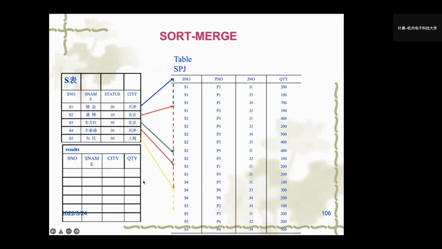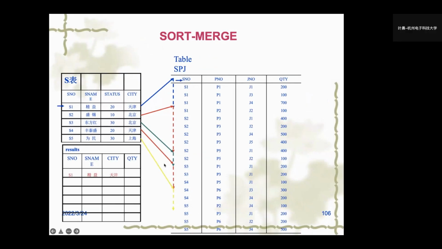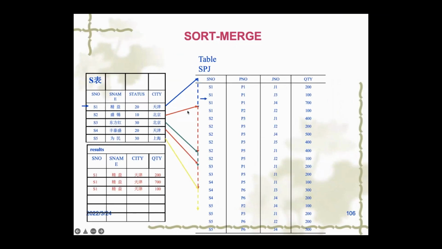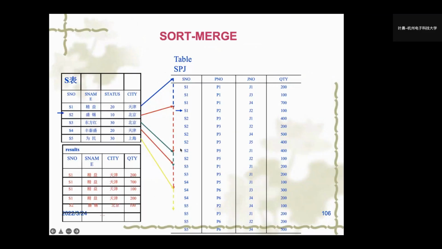And then let's see the sort merge. The sort merge means we will search if any tuples satisfy the condition, and here we have the results.